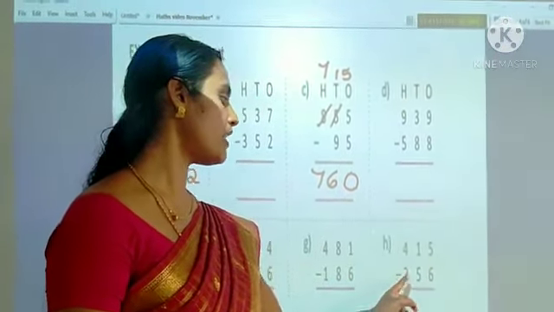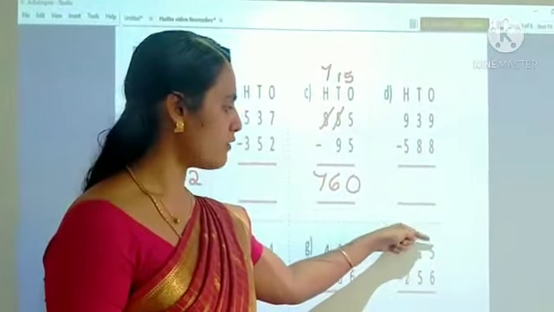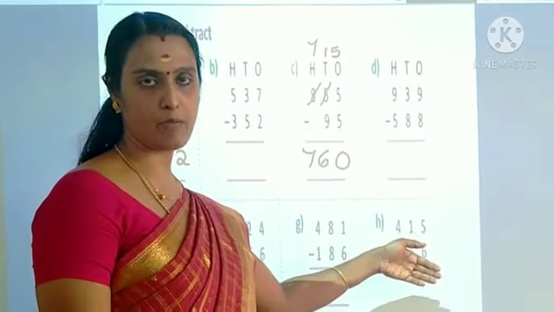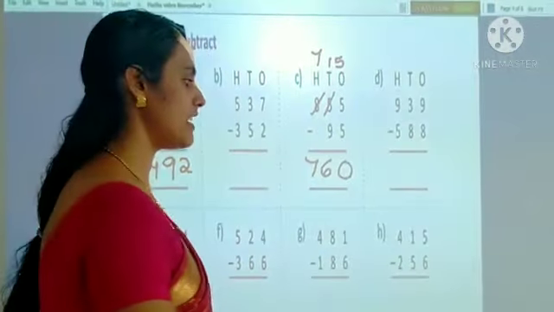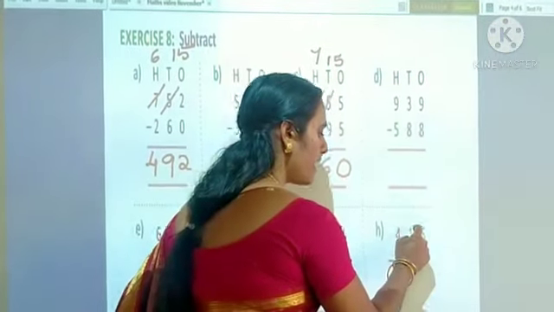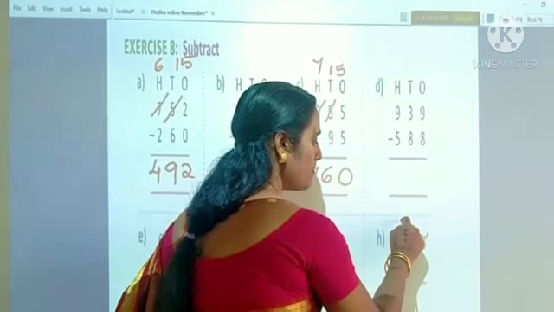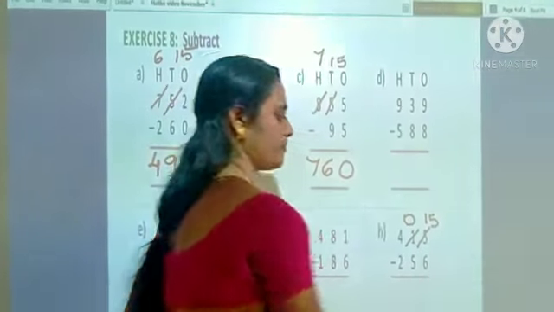450 minus 256. We have to start from the ones place. So 5 minus 6. Can we subtract 6 from 5? It is not possible, isn't it? So we have to borrow from the next number. The next number here is 1. So when we give 1 to the 5, the 1 becomes 0 and here the 5 becomes 15. Okay?